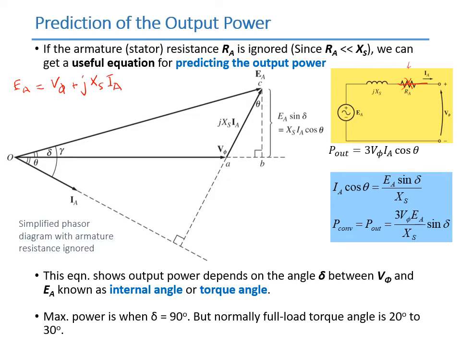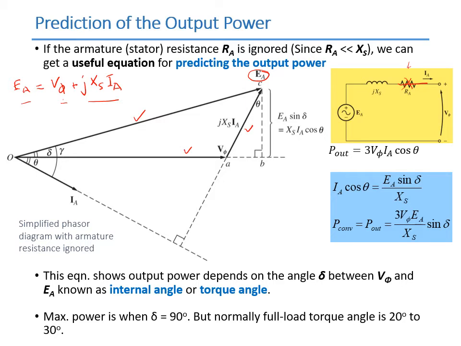The total of V phi plus jXS IA gives you EA. So here is the V phi and this is the jXS IA vector, and the total of these two will give us this EA.